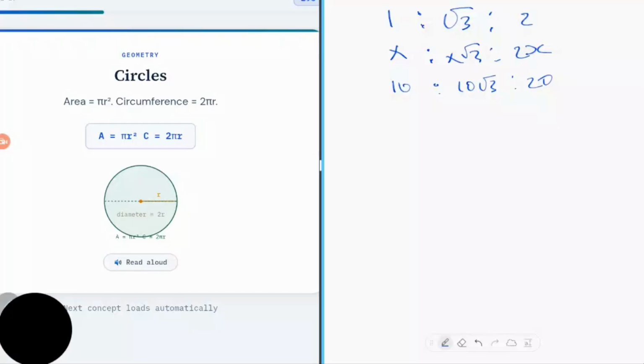The other thing that will pop up now will be the length of an arc. An arc is part of the circumference, and a sector is part of the area. That is why the arc will be theta over 360 times 2 pi r, because the arc is a part of the circumference, and the sector will be theta over 360 times pi r squared.